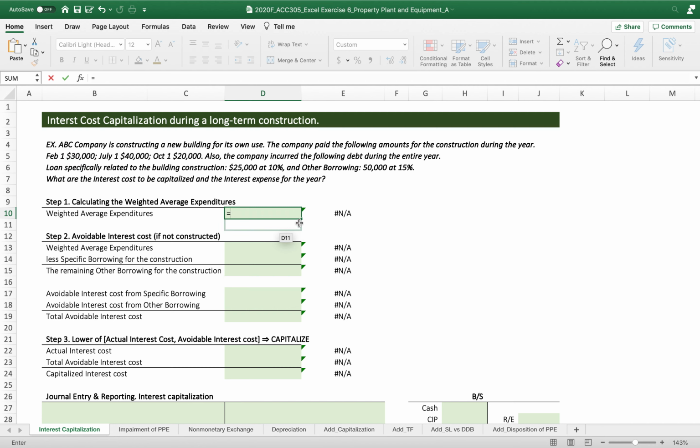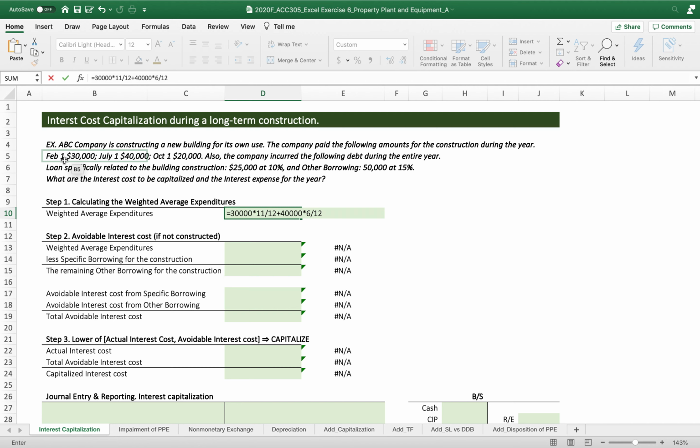So $30,000 times 11 months, right? Because that expenditure was incurred February 1st. In the same way, the July 1st $40,000 times 6 months divided by 12 months.